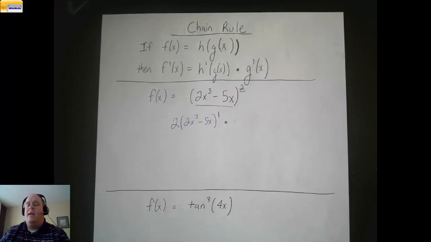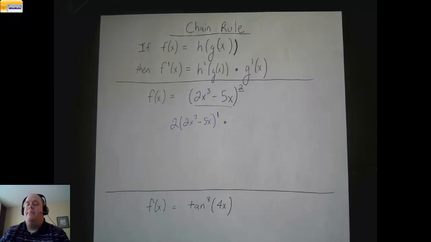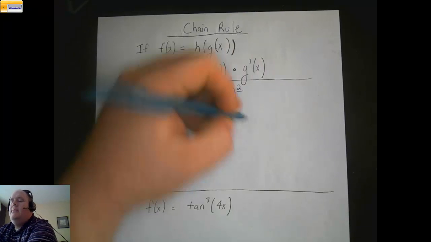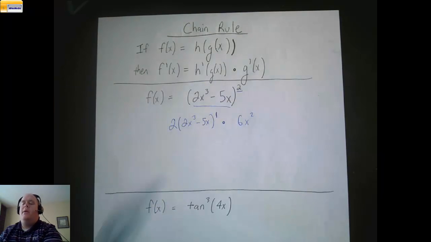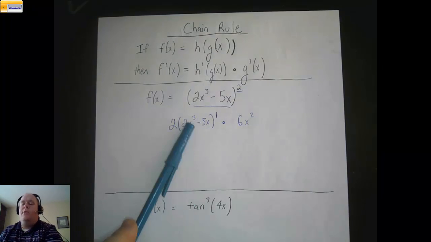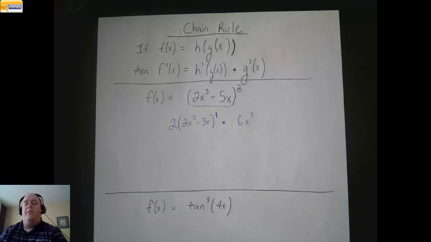The derivative of the inside is 2x cubed minus 5x, so if I take the derivative of that, we're going to get times 6x squared. The way I got that was 3 times 2 is 6, and then the exponent decreases by 1, x squared, and then the derivative of negative 5x is negative 5.